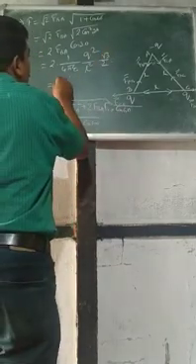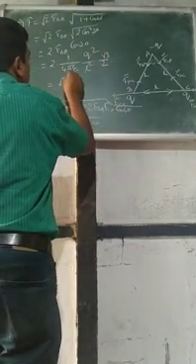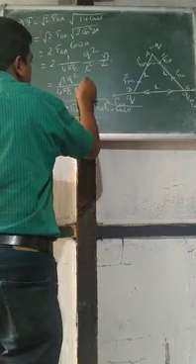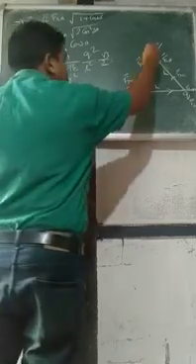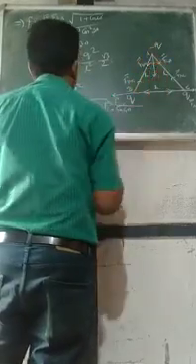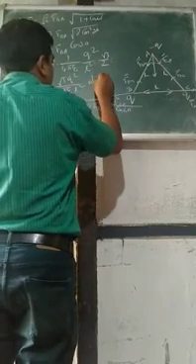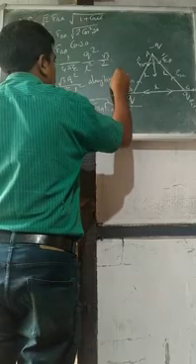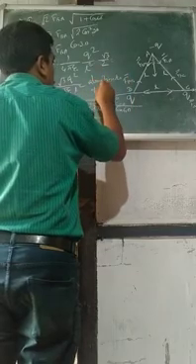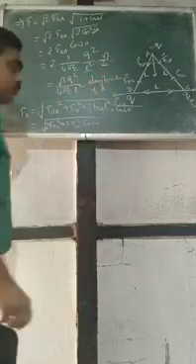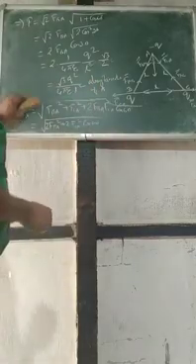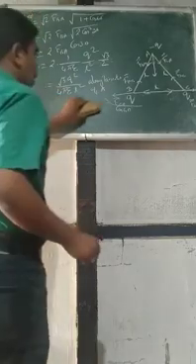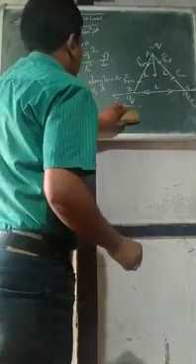So it will be root 3 q square by 4 pi epsilon naught L square, along this middle direction, along the bisector of angle A. This is the force on A. Force on A is given by this expression.